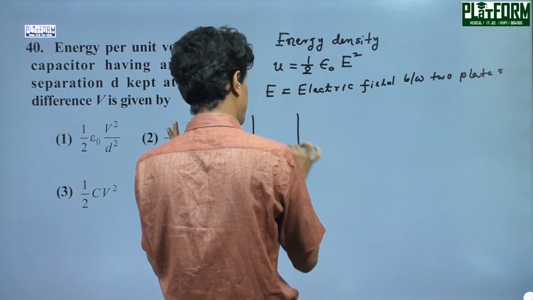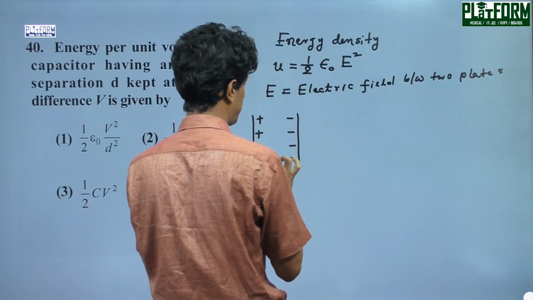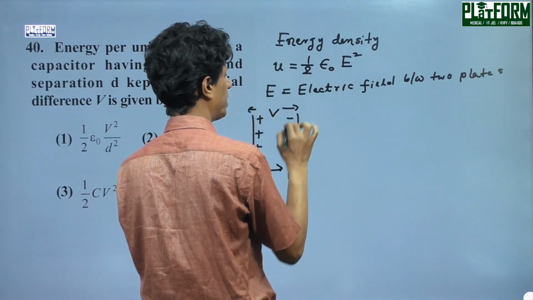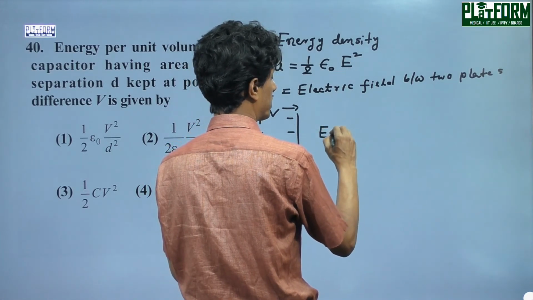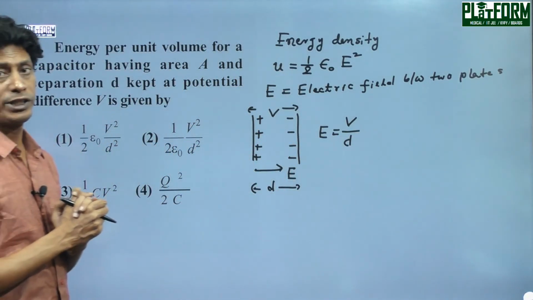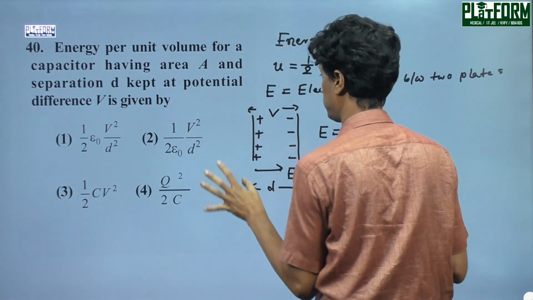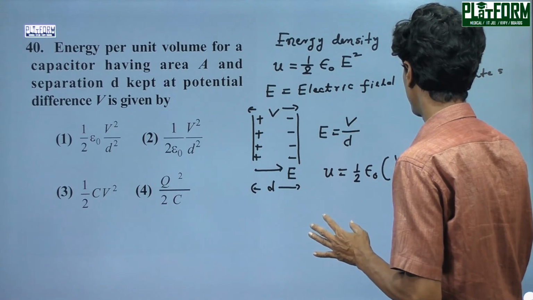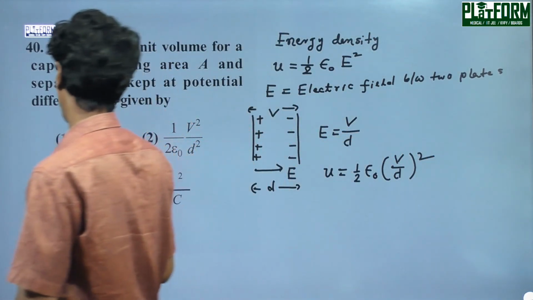If the electric field between two condensers having positive and negative charge is E, and let us say potential difference is V, and their separation is D, then electric field can be written as the potential gradient, that is potential drop per unit length or per unit separation. It is a very simple, direct question, just formula based. Half epsilon 0 and electric field equal to V by D whole square, and the right option here is 1.